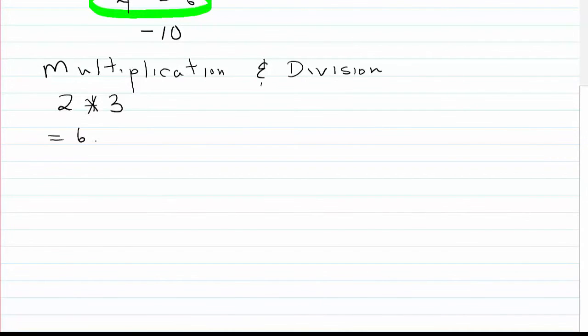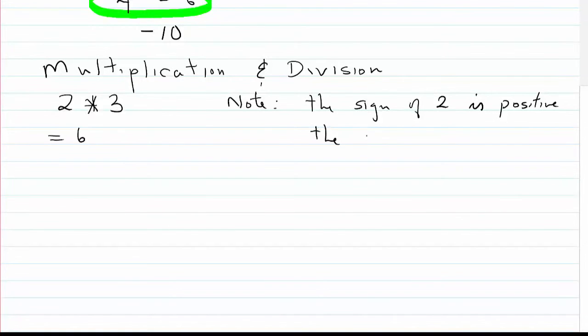But if you notice, the sign of 2 is positive, and the sign of 3 is also positive.